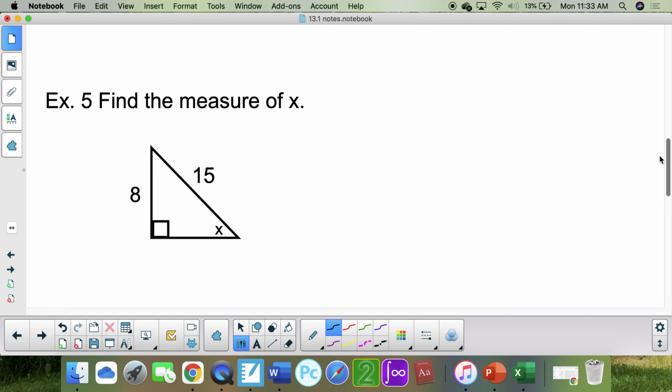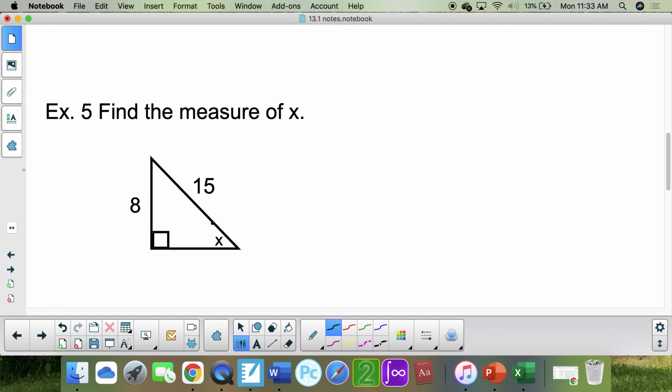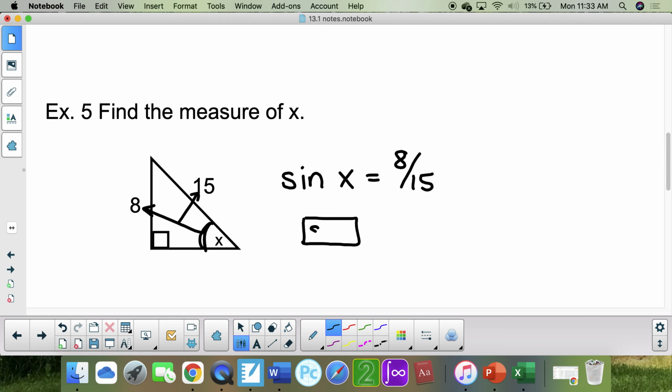For example, this one right here. We're trying to find the angle. We know the side opposite and the hypotenuse, so we're going to use the sine because that's what's given. Find the sine of x over 815. So everybody locate the sine button on your calculator. But we need this button because this button gets us the angle. And this button helps us find the sides.